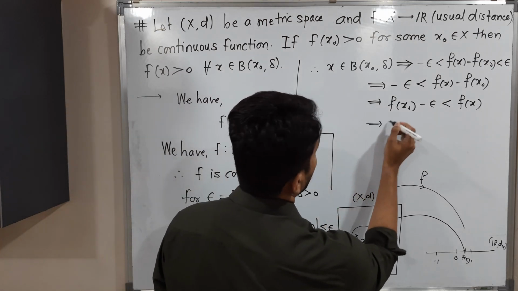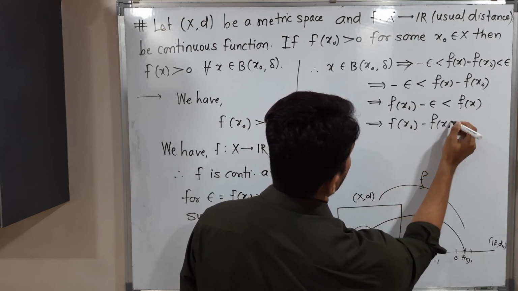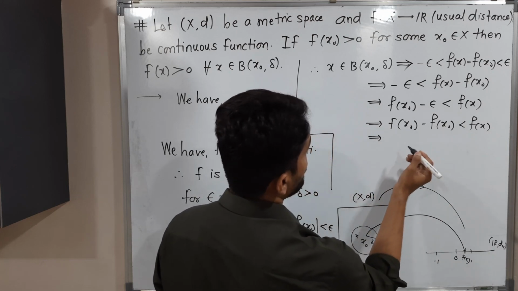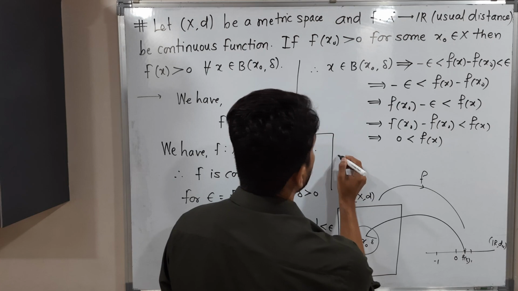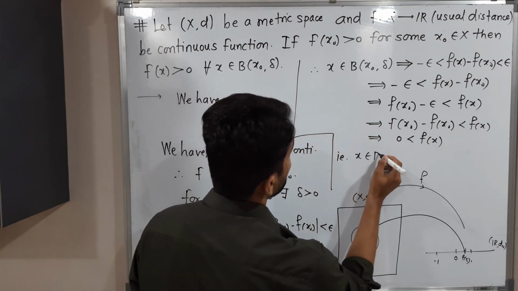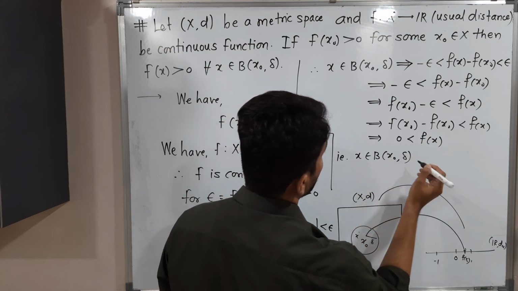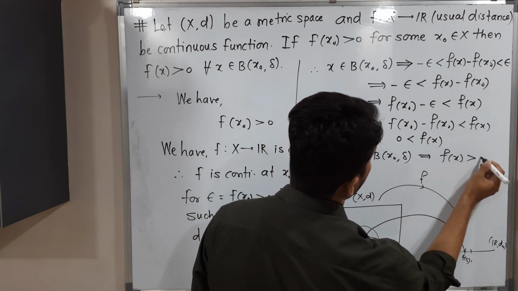We will have f of x naught minus f of x naught less than f of x. These two terms will cancel each other, so 0 less than f of x. The same thing we can write this way: x belongs to B with center x naught and radius delta implies f of x greater than 0.